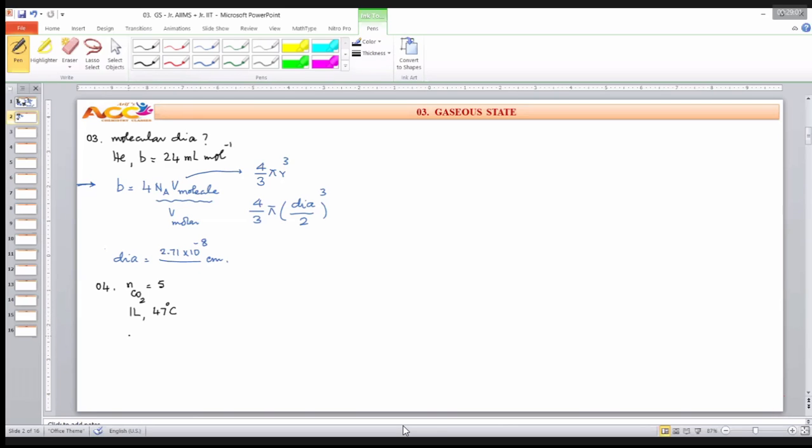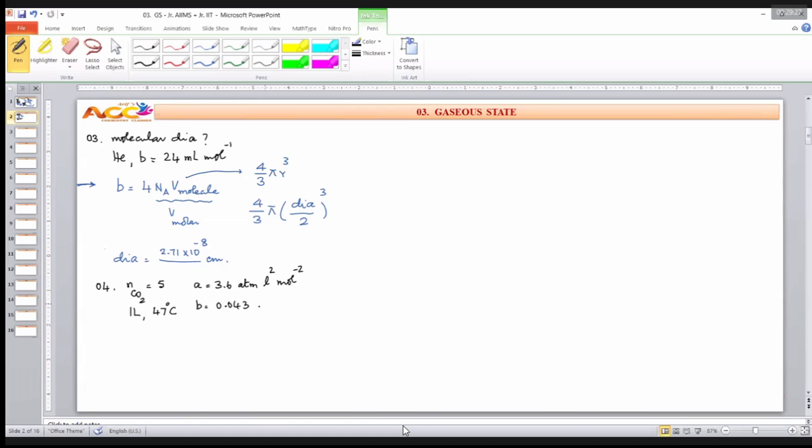Using the van der Waals equation, also report the pressure of the gas if it is behaving ideally. A is equal to 3.6, given in atmosphere liter square per mole square as usual. Nice. And next, B is equal to 0.043.